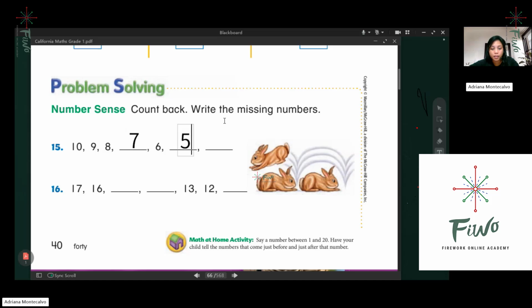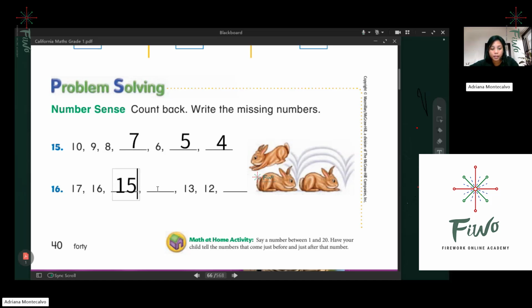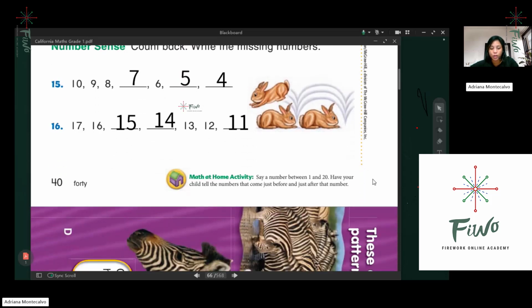And 4. Okay. How about this one? 15. 14. Next. 14. Okay. And the last one is 11. So we are counting backwards. 10, 9, 8, 7, 6, 5, 4, 3, 2, 1.